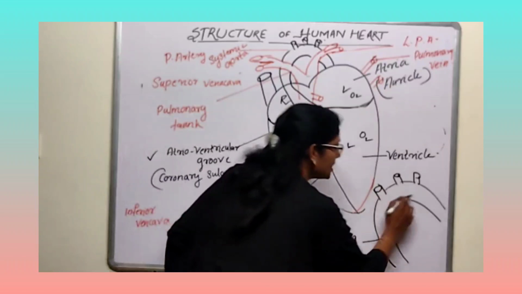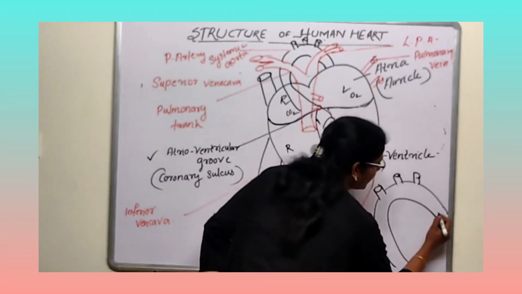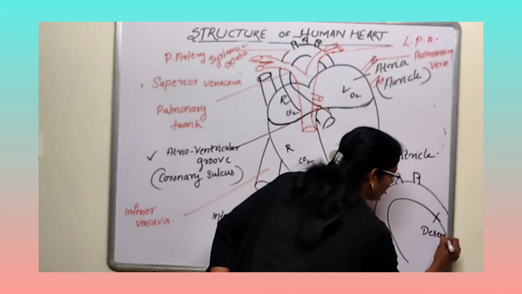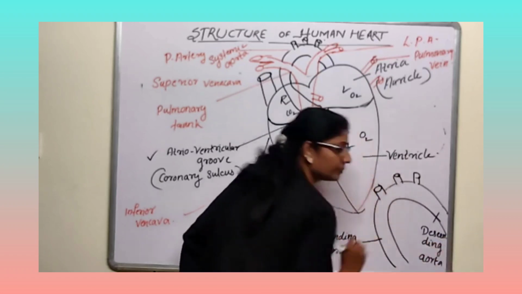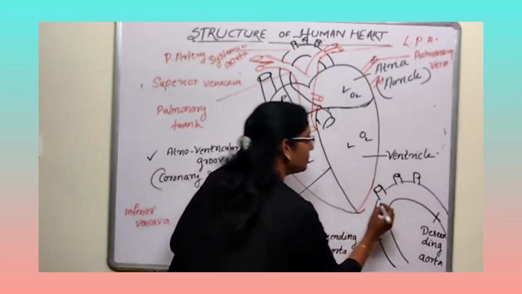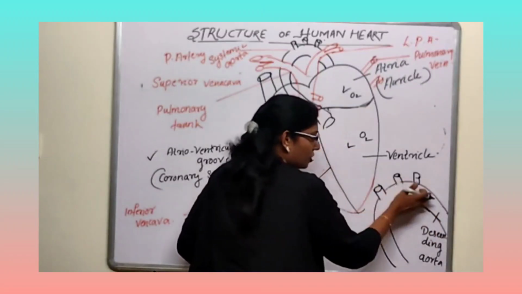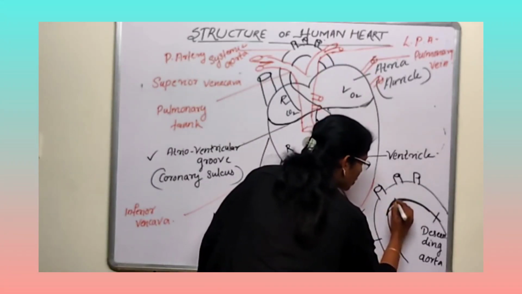Okay, and this portion which is coming down is called the descending aorta. Now this middle portion, this is called the aortic arch.